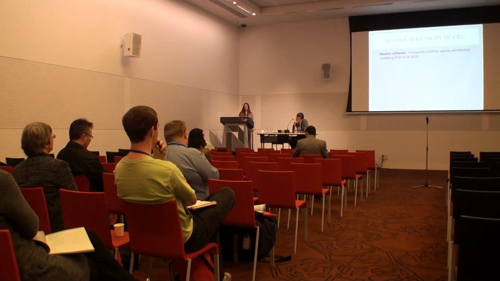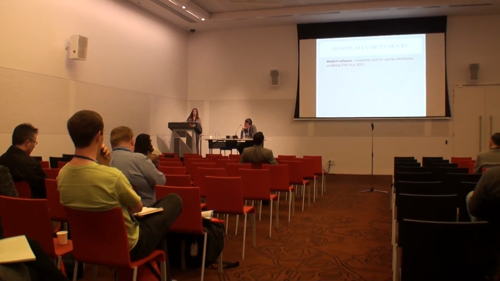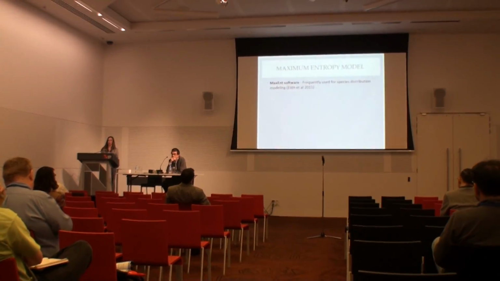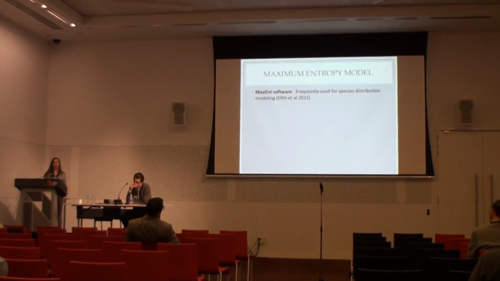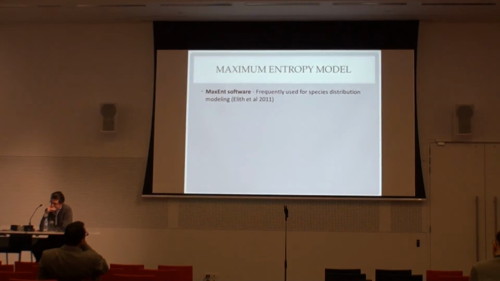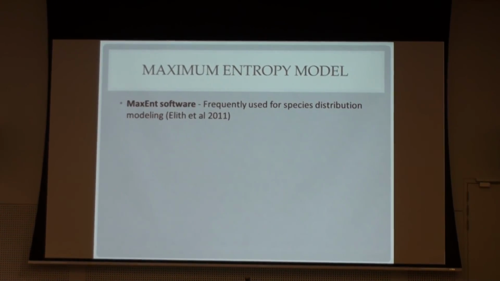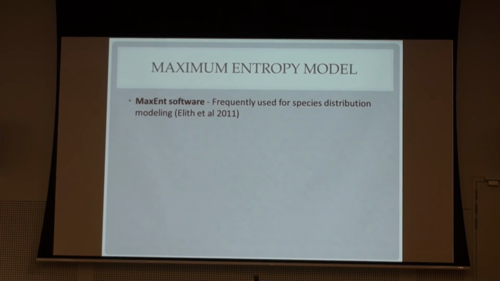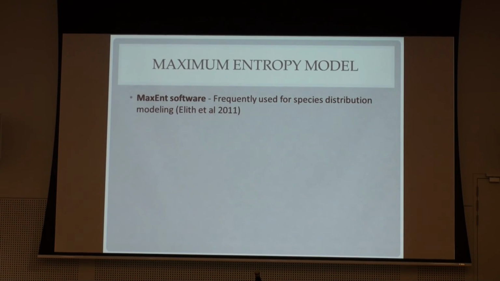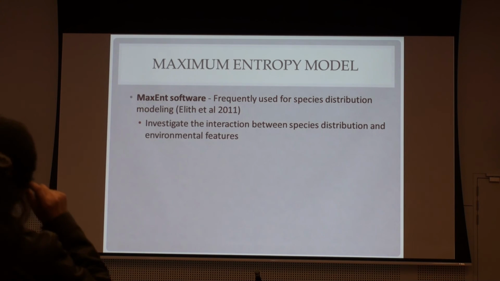So we used those environmental inputs to create a maximum entropy model of the probability of use of any point in the home range of the monkeys. To do that, we use MaxEnt software. It's frequently used to model species distributions over much larger geographic areas.